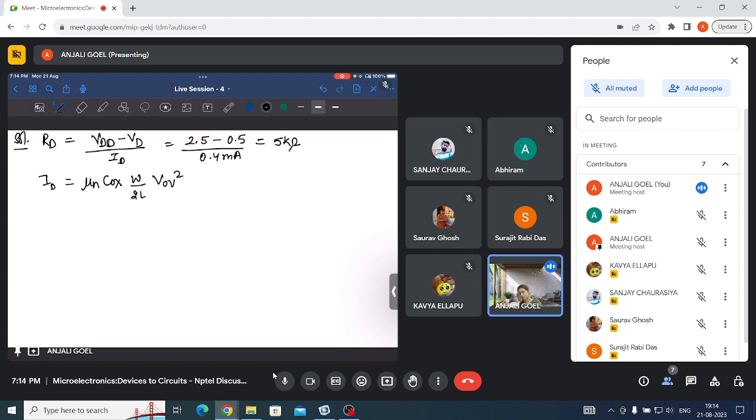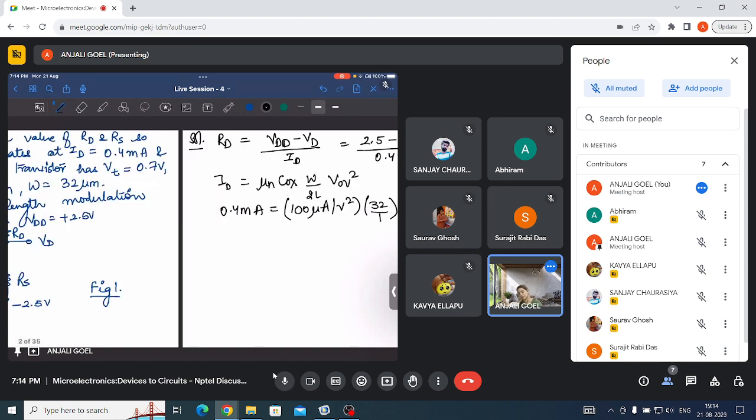Okay, so 0.4 milliamperes, mu Cox is given, W by L, I think I have given.